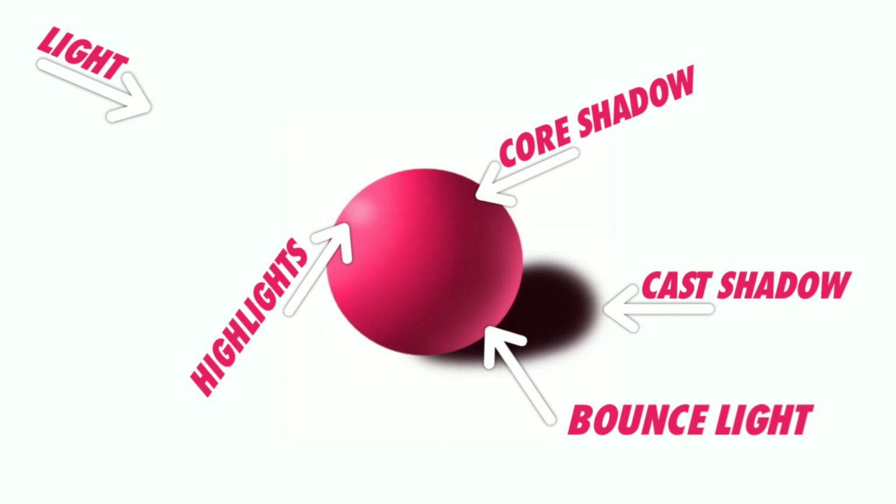Obviously the intensity of this bounce light depends on the surface which is near the object and how reflective it is, which actually means the shinier the surface, the brighter the light will reflect, and the more opaque or matte that surface is, the less light it will reflect on the object.